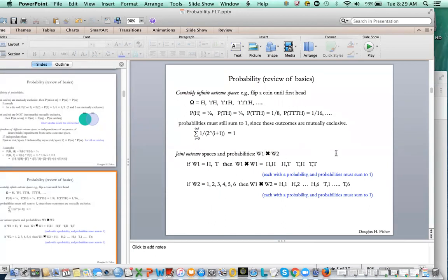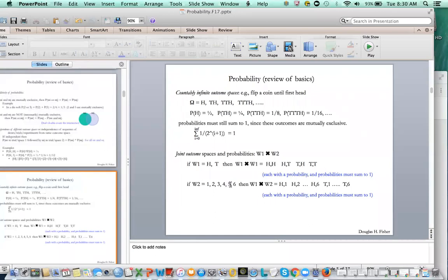The joint outcome space of two outcome spaces. Again, we're taking the examples of flipping a coin and rolling a die. That joint outcome space is going to be the cross product of the two individual outcome spaces. So the cross product of the coin flipping outcome space with itself is just going to give us heads-heads, heads-tails, tails-heads, tails-tails.